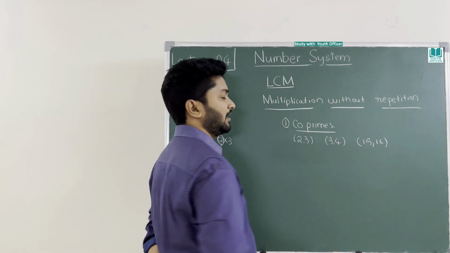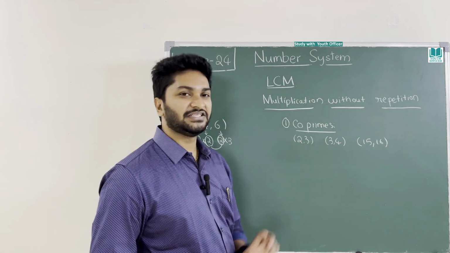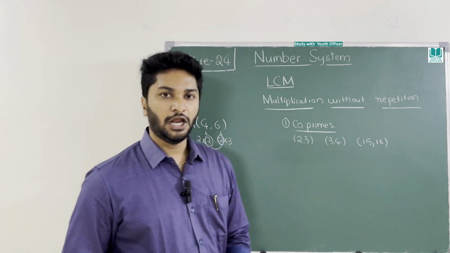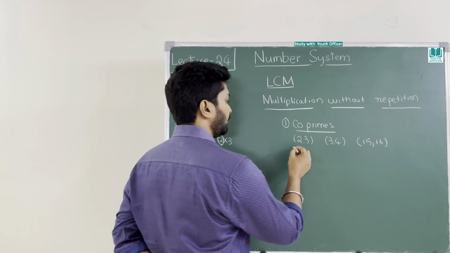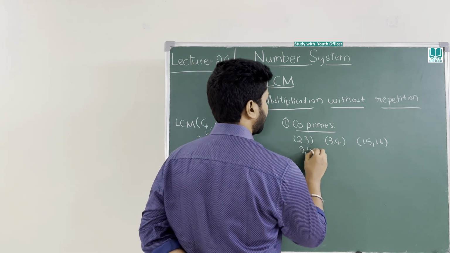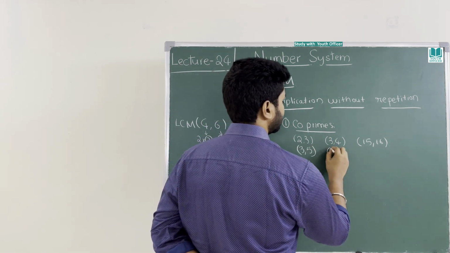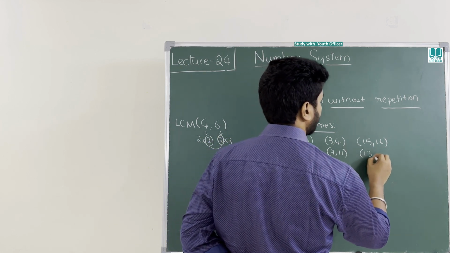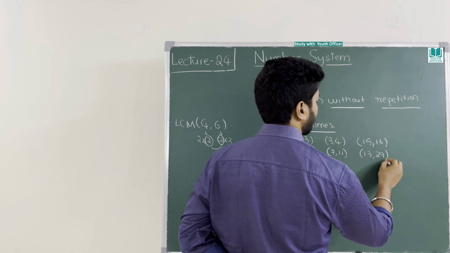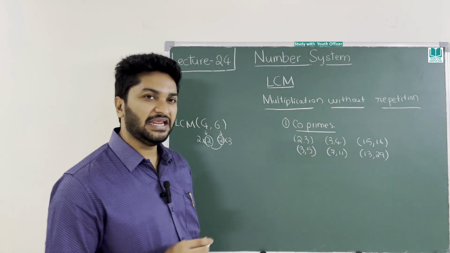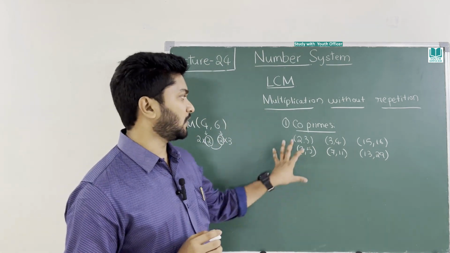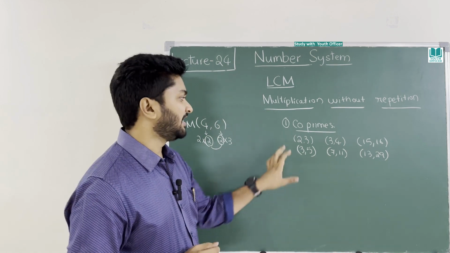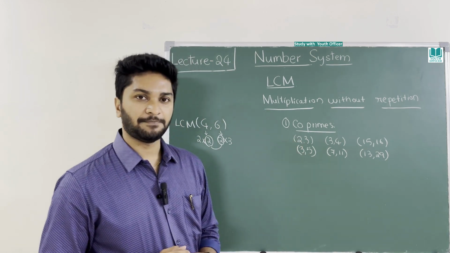Any numbers which are consecutive next to each other, or any two prime numbers, 3, 5, 7, 11, 13, 29. Like this, if you take any two prime numbers, they are called co-primes. If you want to find their LCM, directly you have to multiply them.